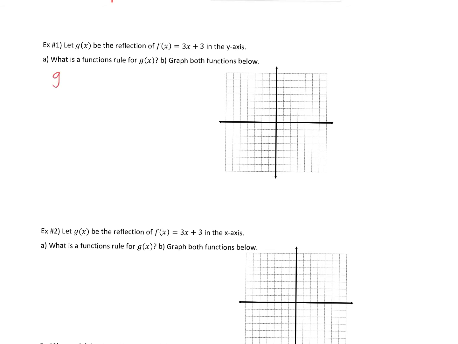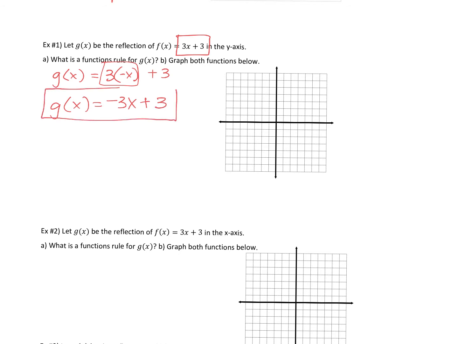The new function, g of x, is going to be 3 times the opposite of x, plus 3. Well, that's really just saying g of x equals negative 3x, if I multiply this, plus 3. So this right here will be my new function.